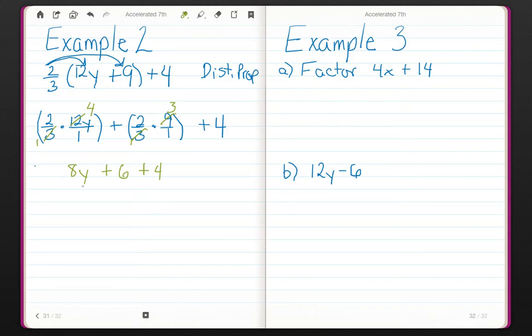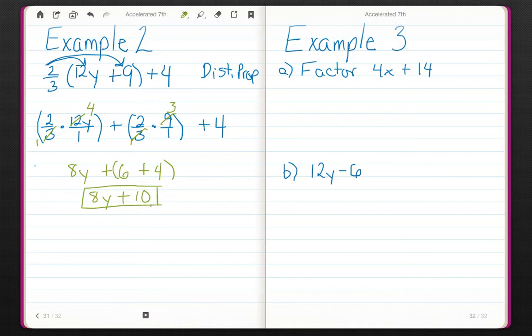I cannot add 8y to either 6 or 4 because neither 6 nor 4 has y as a term, but I can add 6 plus 4. I'm going to remove my parentheses. So my final answer is 8y plus 10. Again, without having a value for y, this is as far as I can go.